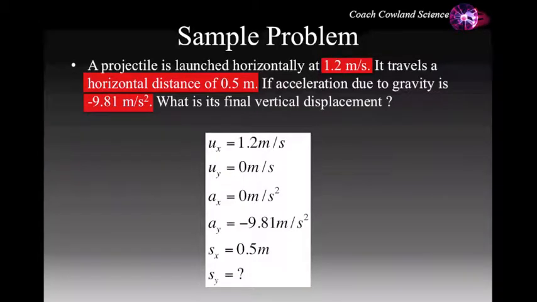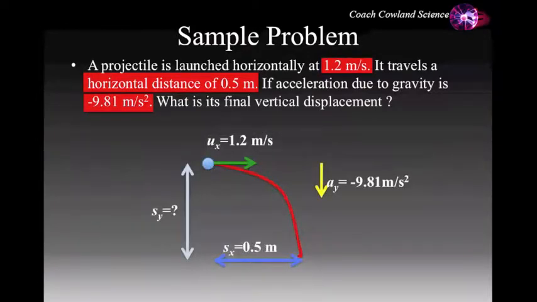When I list my variables, I need to be careful to list variables in the x dimension and variables in the y dimension separately. For this problem, the easiest way to solve it is to find out how long it took to fall and then use that time to find out how far it fell. Drawing my diagram, I can see all of my variables clearly.